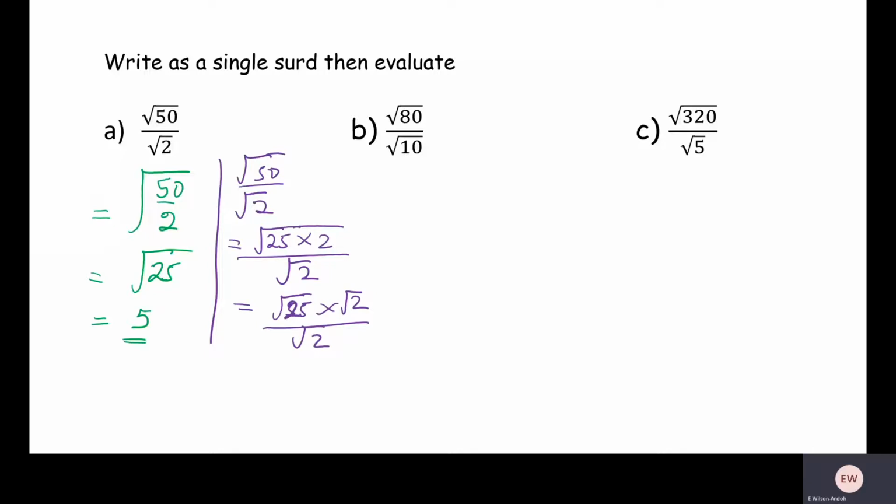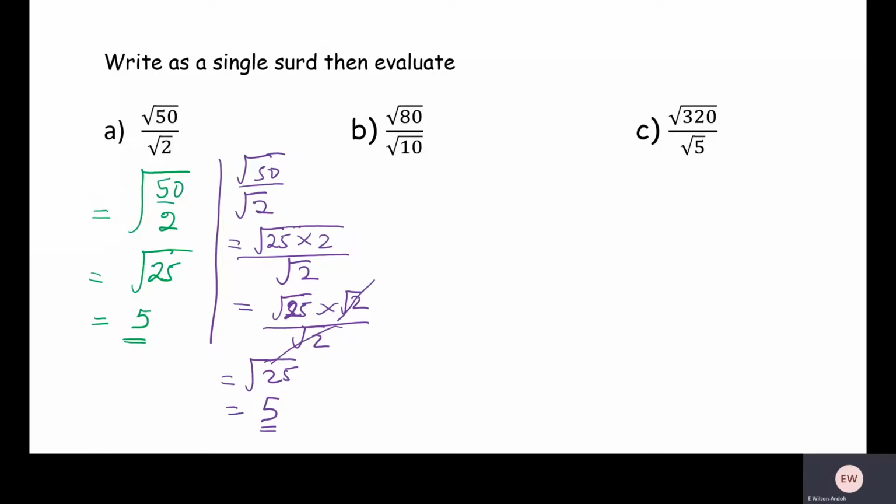We have root 2 in the numerator and root 2 in the denominator, so we can cancel the root 2's and we'll be left with root 25. And root 25 is equal to 5.